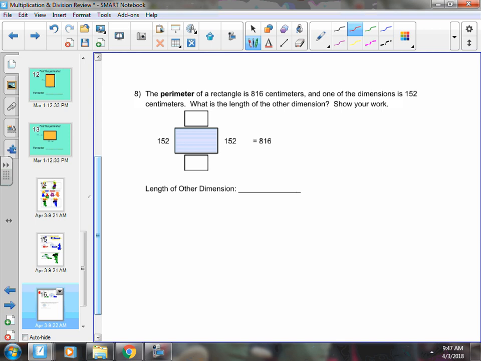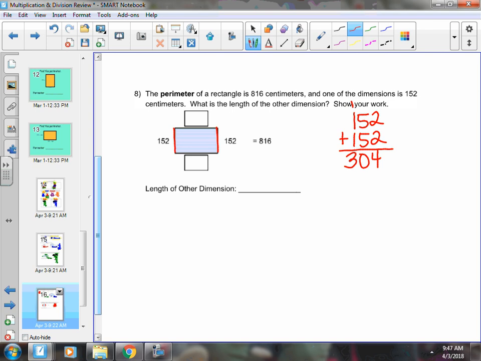And here's what we know. The length of this side is 152, and the length of that side is 152. So let's add what we know. 152 plus 152 is 304.